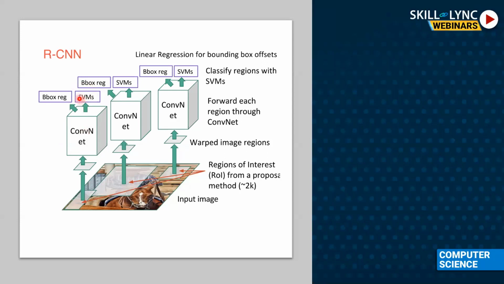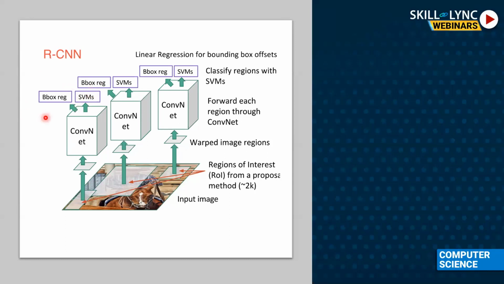We can also train these support vector machine models, and based on their output, we can predict whether the object is there or not, or we can give a class to that object, whether that object belongs to the class animals, or humans, pedestrians, or trees, or anything.